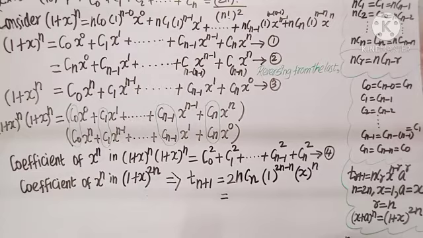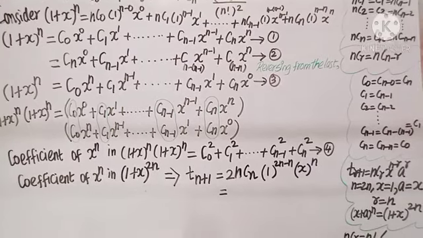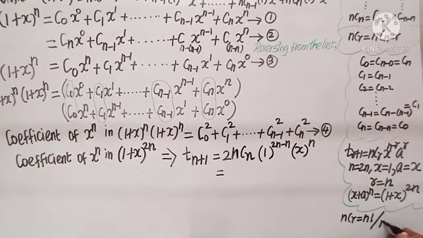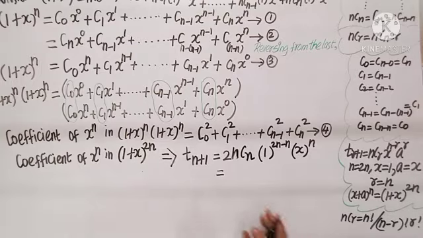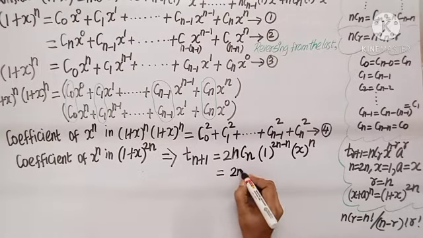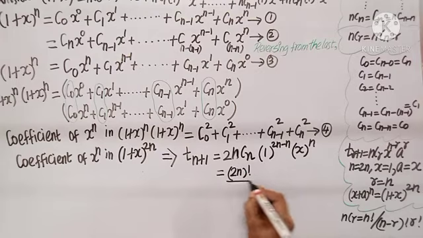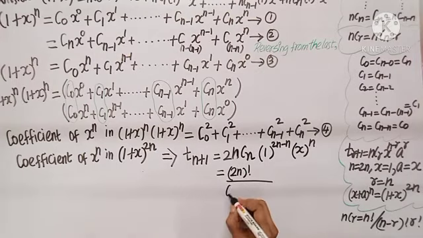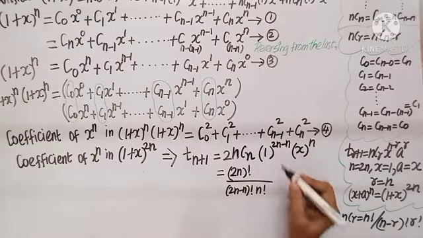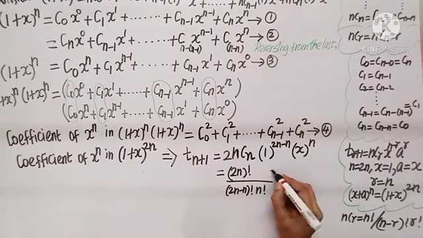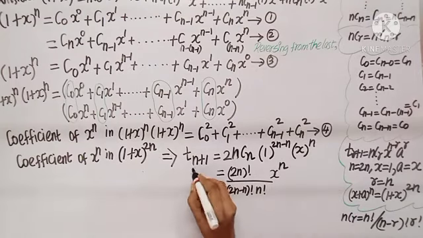The nCr formula: n factorial by (n minus r) factorial into r factorial. Applying the formula, it is (2n) factorial by (2n minus n) factorial into n factorial, 1 power anything is 1, ignore, into x^n.